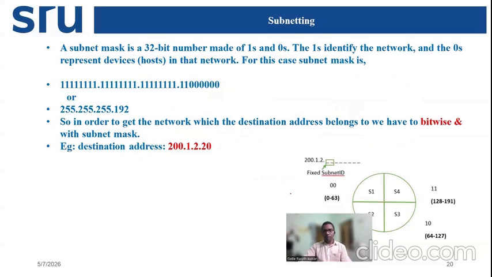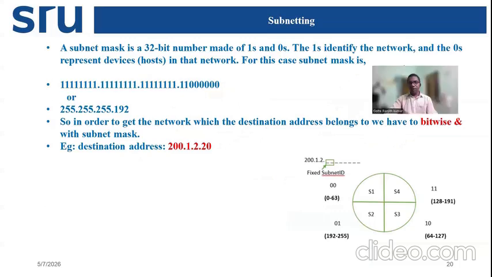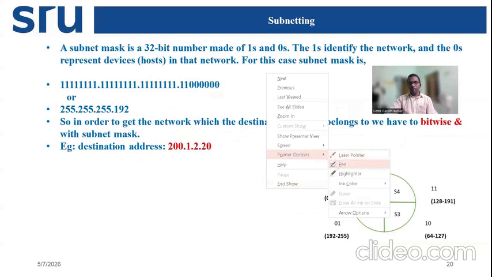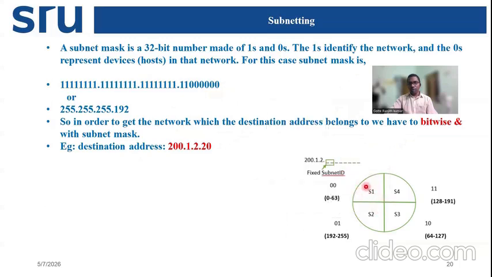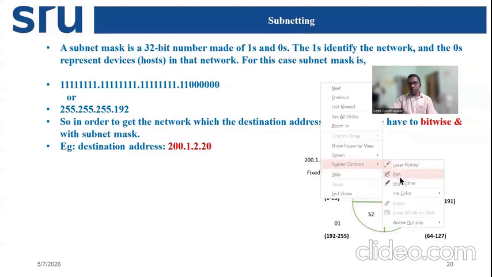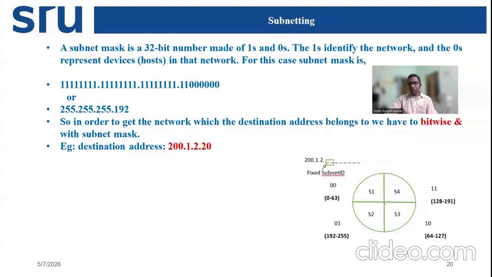Now let us see, once the network is divided into subnetworks, whenever data is sent to this network, how will that data be sent to a particular system? So let us take this: here is the network divided into 4 subnetworks, and this point represents one router. Assume that I am drawing one line here, the router.